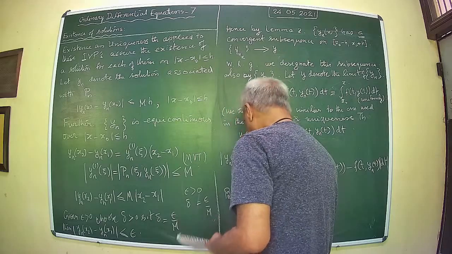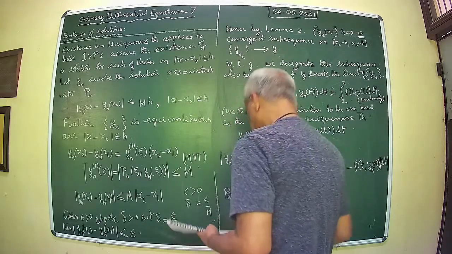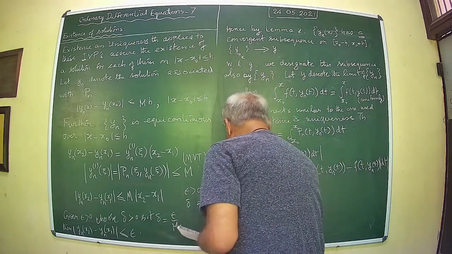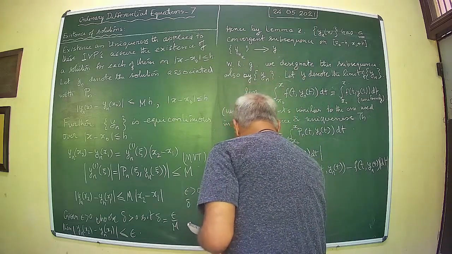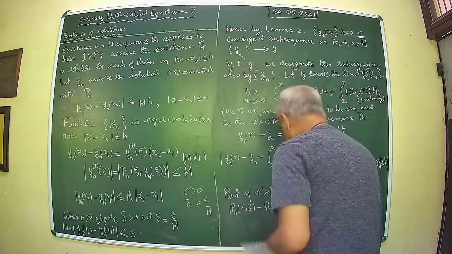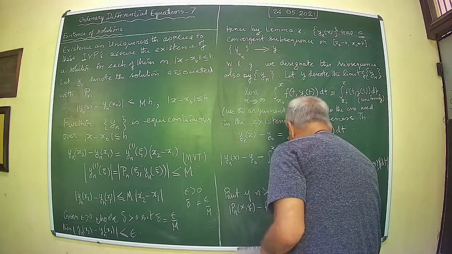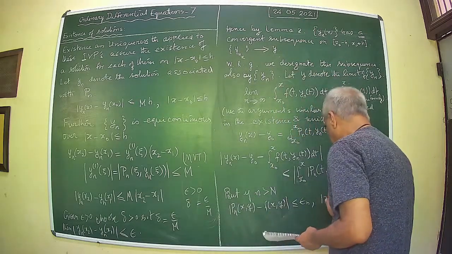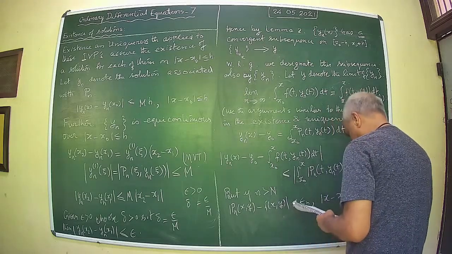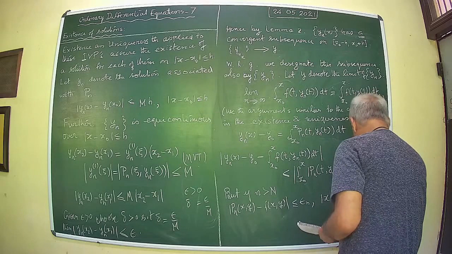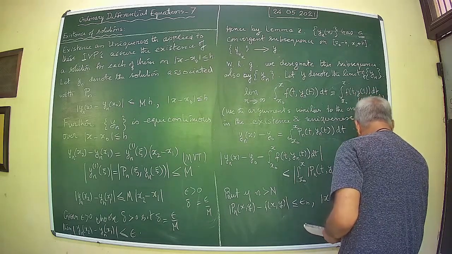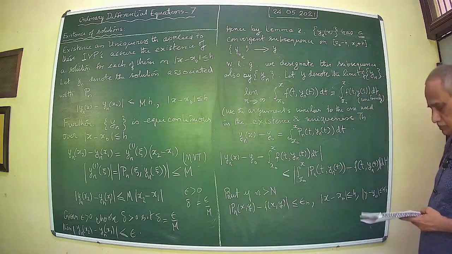If n is greater than N, what we have is this: mod Pn x y minus f of x y is less than or equal to epsilon, for mod x minus x naught less than h. This we have.